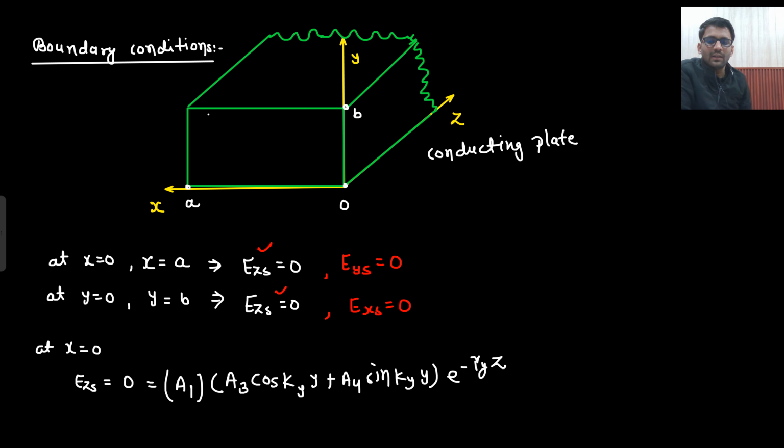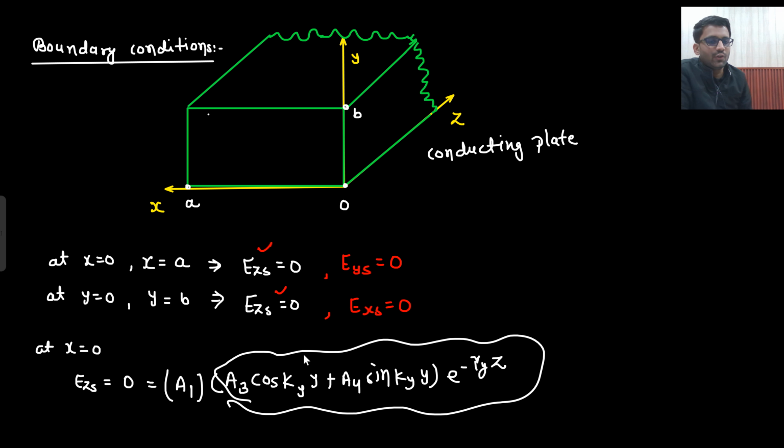Right? Now you need this expression to be 0, because Ezs is equal to 0. You cannot comment anything about these expressions because you are not putting the values of y. But you can comment about this expression because you have put the value of x, then you are getting A1. So these values can be non-zero because I don't know the value of y.